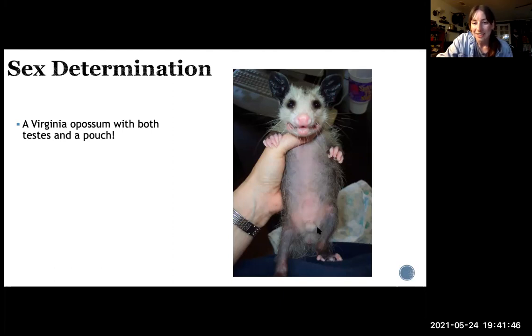He has a scrotum with testes, but he also has a pouch, and you can kind of see it right there. So in a female possum, this pouch would be used to carry the babies, right? And males don't normally have one, but this little guy does. Interestingly, this individual has both male and female characteristics.